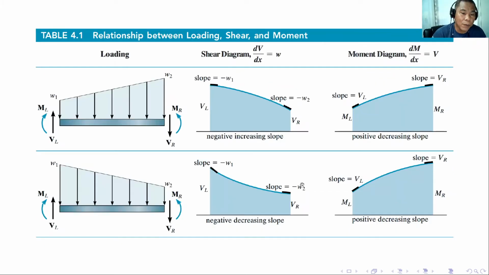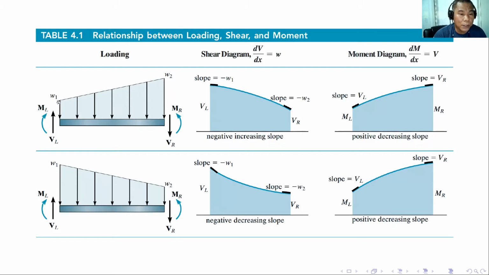For other types of loading, this is a triangular loading. As you can see, in the shear diagram we have VL, it goes up, and then the slope should be equivalent to the loading at this portion, that is W1. But since the load is increasing, we have an increasing slope.